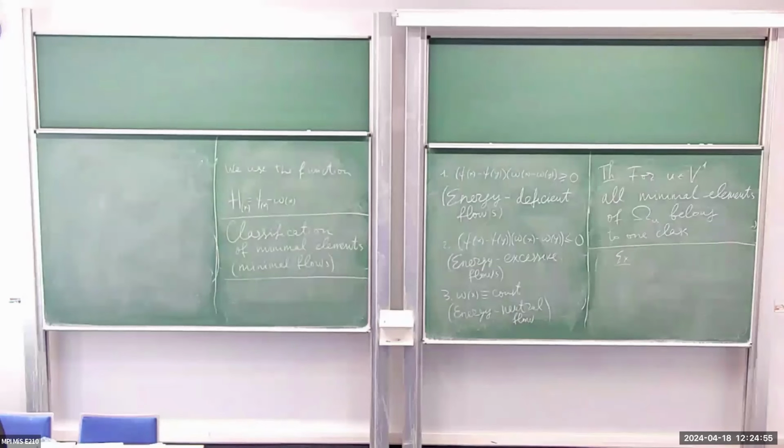So u itself can have too much energy, too little energy for its stock of vorticity, or exactly the amount of energy to have just one minimal element, which is the flow with constant vorticity. If I pick a random u, let's say on the torus, is there no idea to determine whether it is one or two?